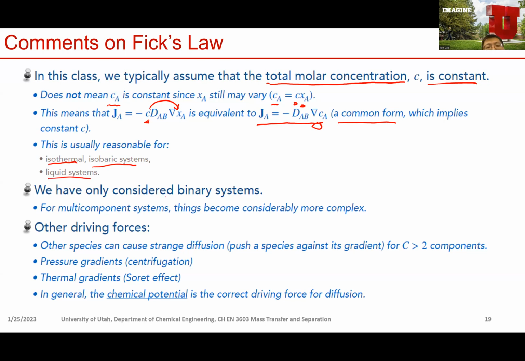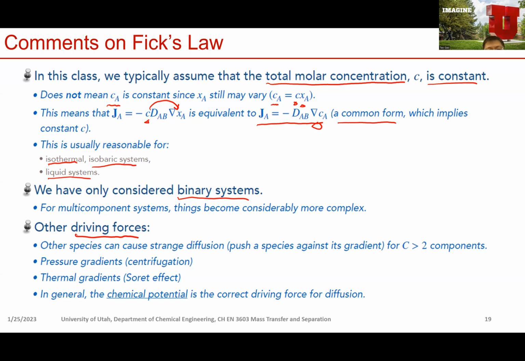And so far, we have only considered binary systems, right? Because it's the simplest case we can deal with. If you go to multi-component systems, things become quite complex. And there could be other driving forces for mass transfer, in addition to the concentration gradient or mole fraction gradient, right?